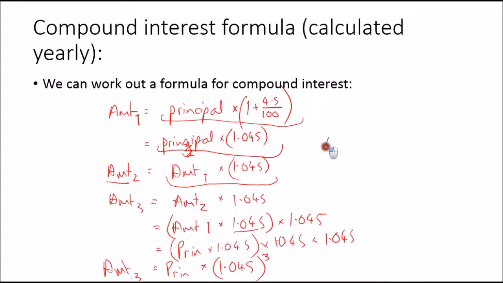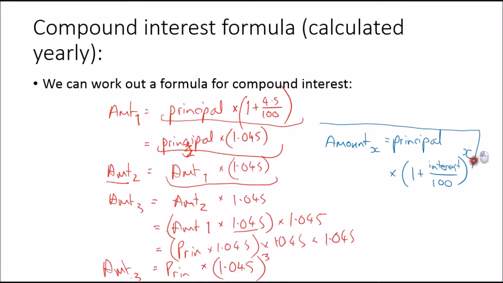So the amount after X years is the principal times 1 plus the interest rate over 100, to the power of X. And so as long as we're not doing anything, woo, that was not a straight line.